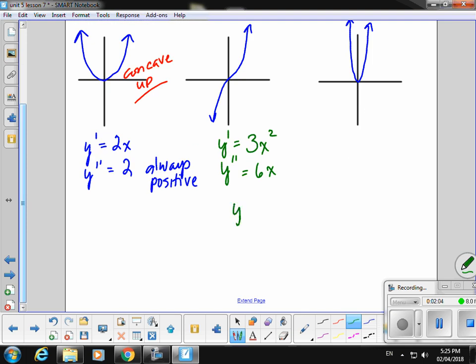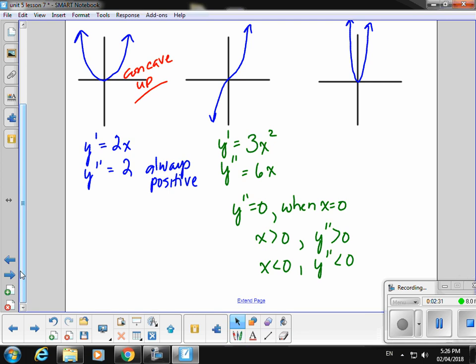When the second derivative is 0, that happens when x equals 0. For values when x is greater than 0, 6x is positive. For values less than 0, so when x is negative, my second derivative is negative.